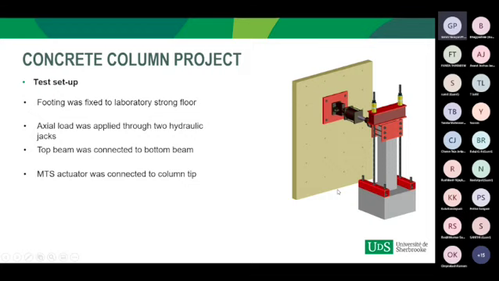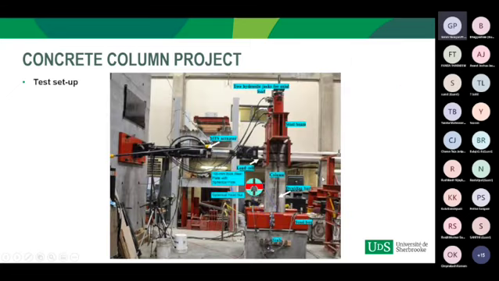The MTS actuator was attached to the column tip using 2 high strength plates and 6 high strength rods, and the other end was attached to the laboratory reaction wall. So here you can see the concrete column during the experimental testing.